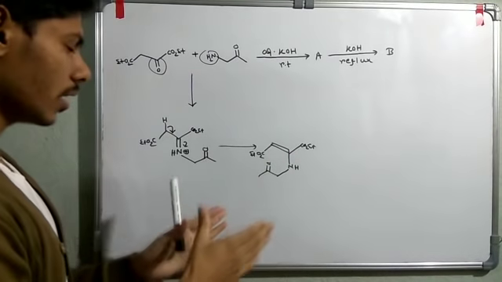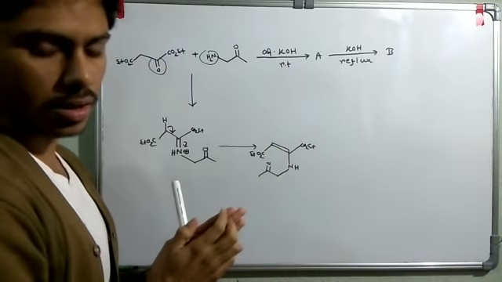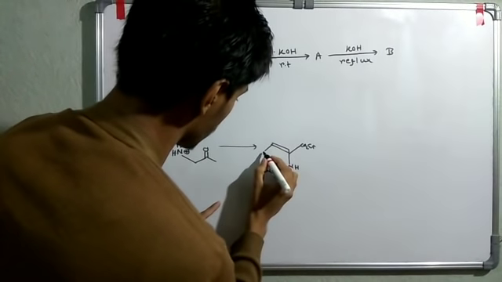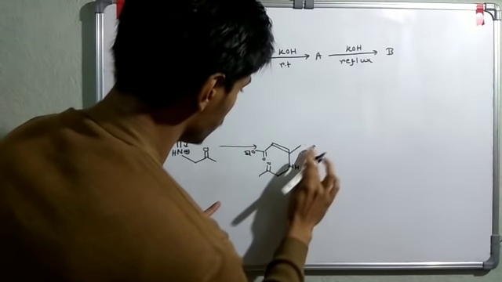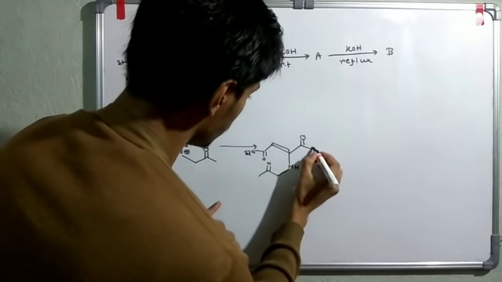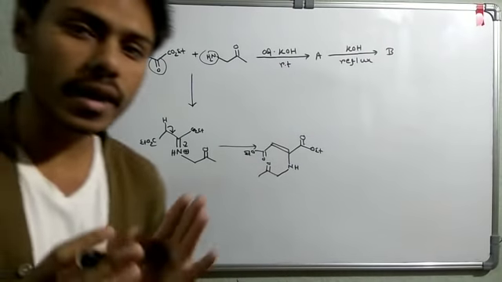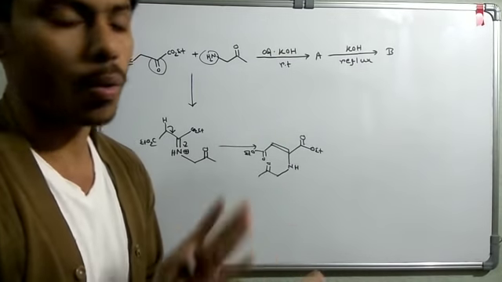Now let us look at the reactivity of these two esters. If I open the structure of this ester, it will look like this, and the same for this one. Although both are ester groups, their chemical environments are not the same. Why?